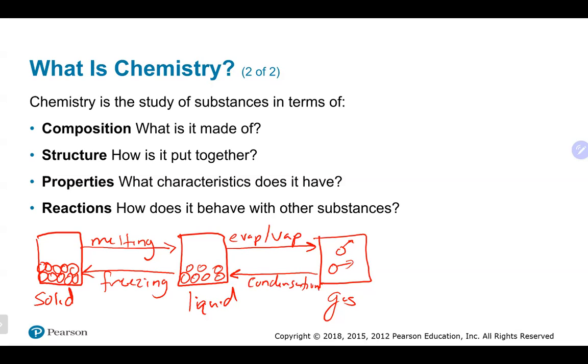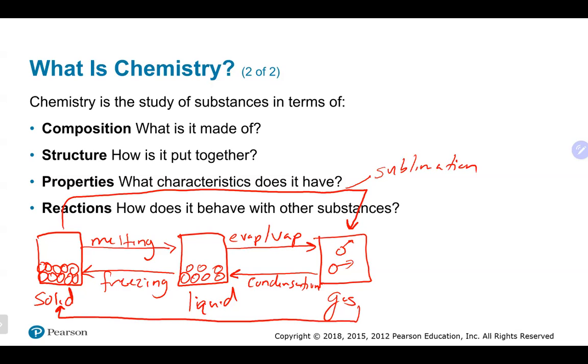There's also a process where we could go from solid directly to gas and skip the whole liquid part, and that is what is known as sublimation. And there's also a process where we could go from gas all the way back to solid, once again skipping the liquid. That is what is known as deposition.